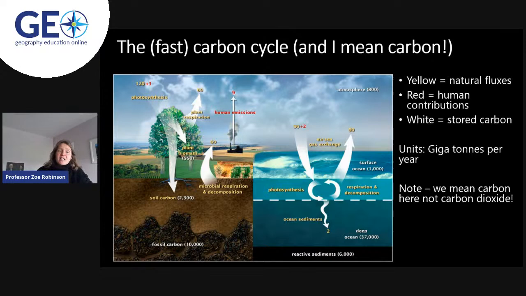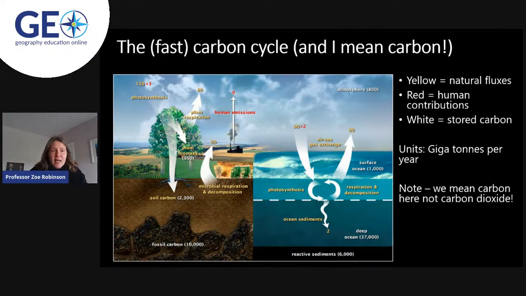The red writing shows us the human contributions, the human changes within the carbon cycle. And the white figures are the amount of carbon stored in different areas. So in terms of the units, also very important for us to talk about, we're talking about gigatons per year, so billions of tons.